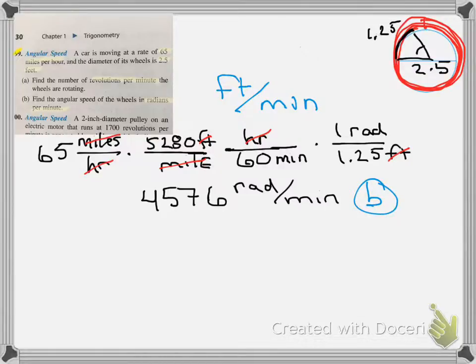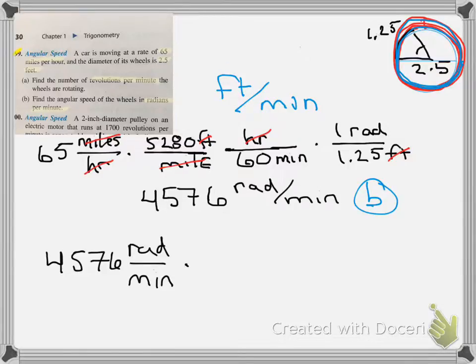Now let's go back and solve A, revolutions per minute. How is a revolution connected to a radian? A revolution is all the way around the circle, so 1 revolution is 2 pi radians. If I want that radian to become a revolution instead, it's just unit converting again.